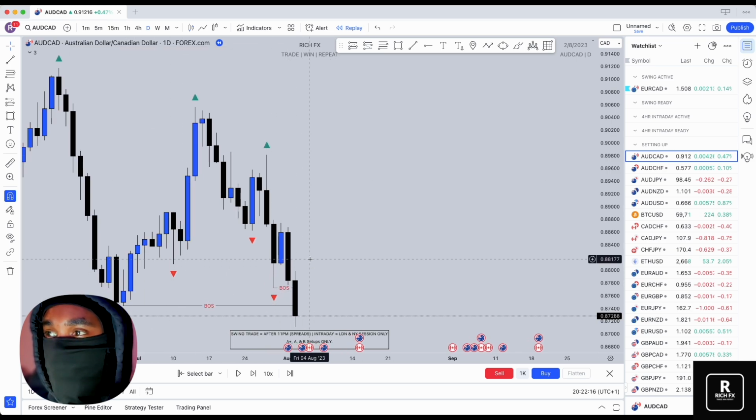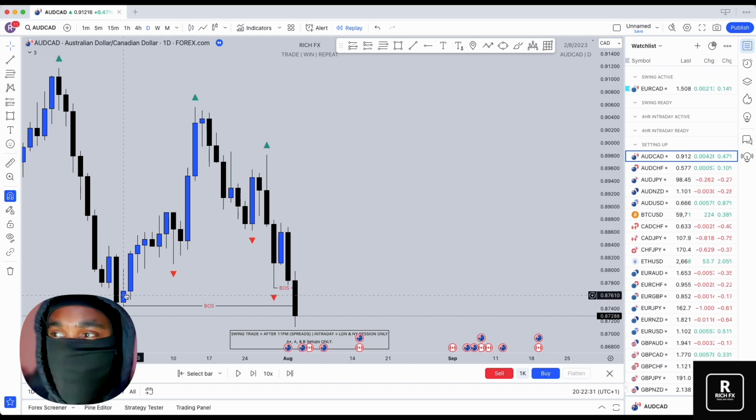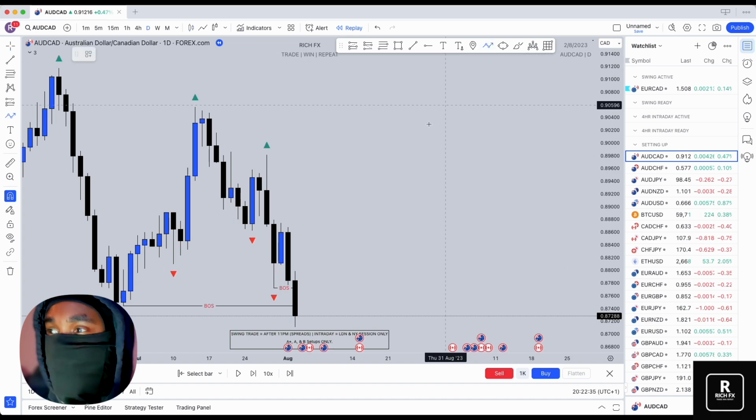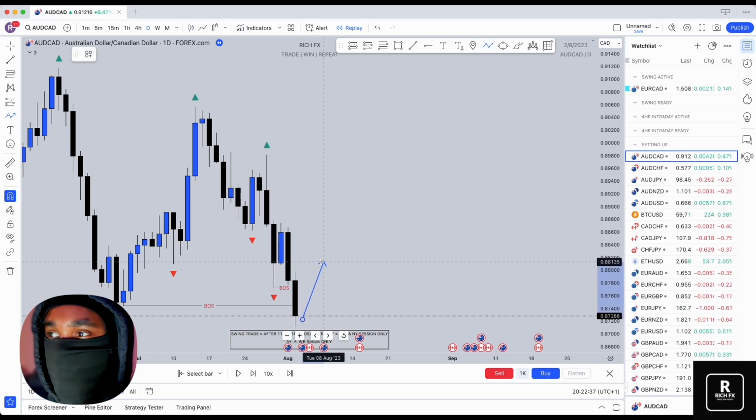However, the one I'll be more focused on is this very first one, because technically this one over here is like previous price action. However, it's still responsible, it still broke the two, so I'm not going to ignore it completely, because in order for me to ignore this one, I would still have to focus on this one, and price would still have to travel past both of them. So it would have to travel past this area here and also tap into this area here.